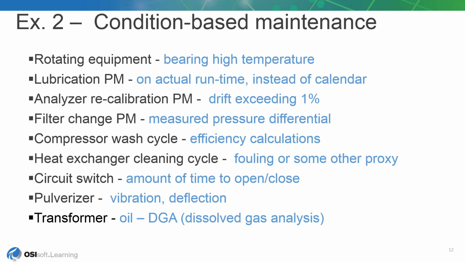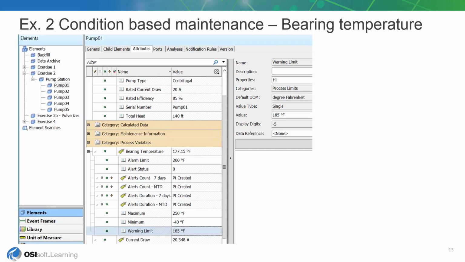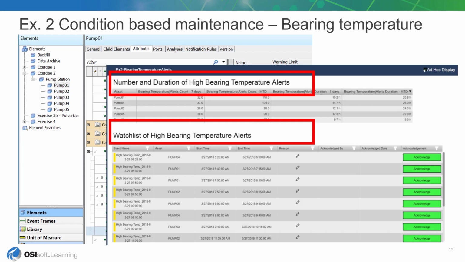And these are all examples of using some leading indicator for condition-based maintenance. And we will use the bearing temperature to illustrate this step by step. And this shows the data model, the AF analytics, the PI Vision screens, and how you can create a watch list for the events with your asset.